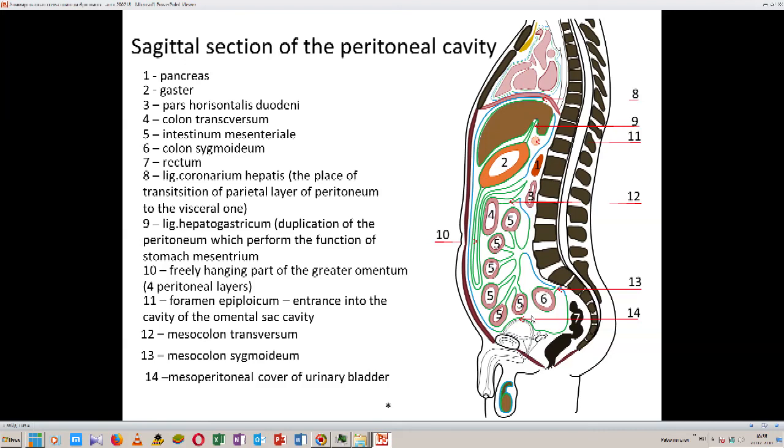So you can understand that in female the danger of inflammatory diseases of peritoneum is more serious than in male, without any injury, without any wound which can destroy the wall of the abdominal cavity.